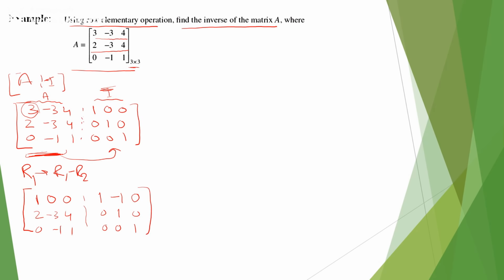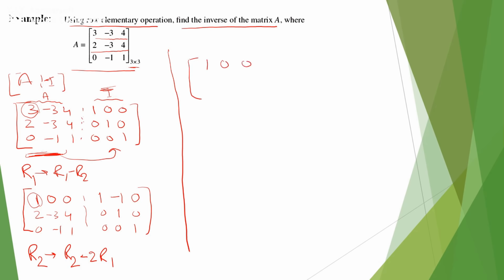Now we make the first element of row 2, that is 2, become 0, meaning below that element all are 0. So what operation do we apply? We apply on R2: R2 minus 2 times R1. Okay, so the matrix becomes, the first row is the same because we apply the operation on the second row: 1 minus 1 0.